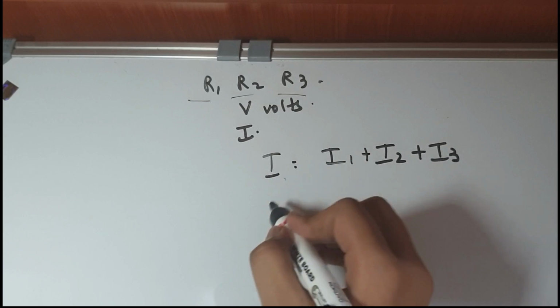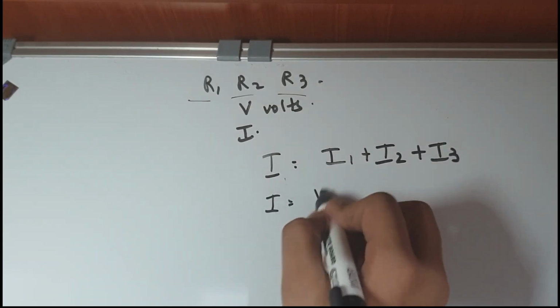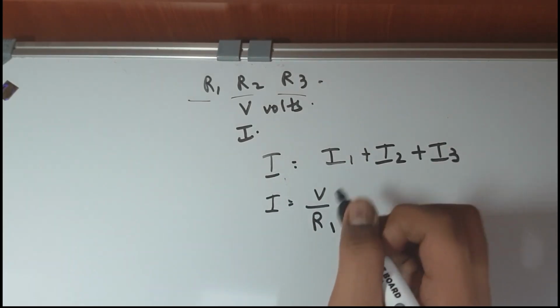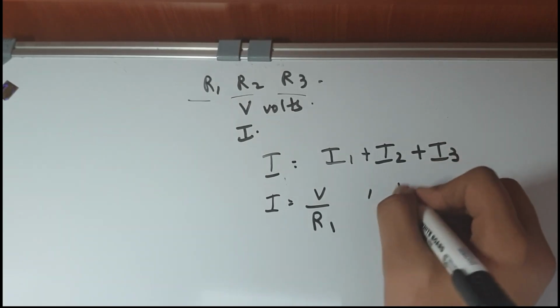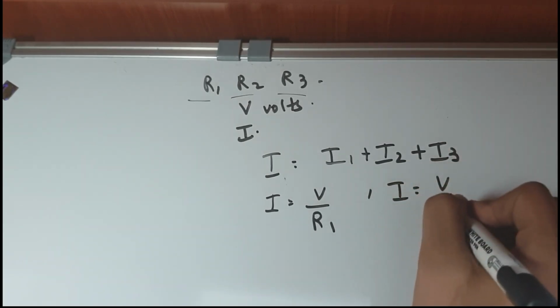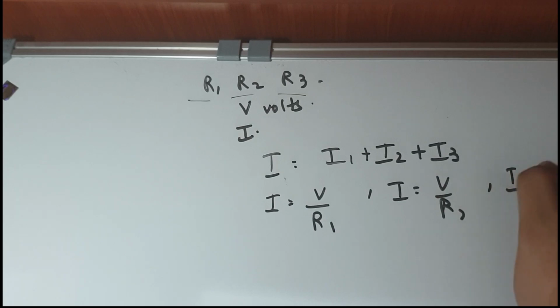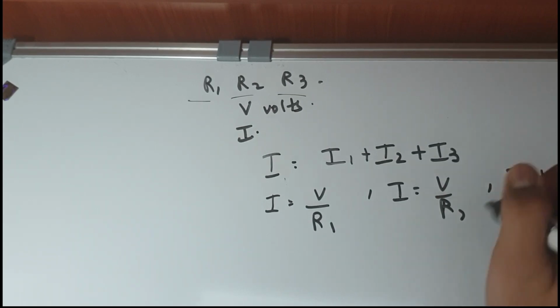According to Ohm's law, I1 is equal to V by R1, for R2, I2 is equal to V by R2, and for R3 similarly I3 is equal to V by R3.